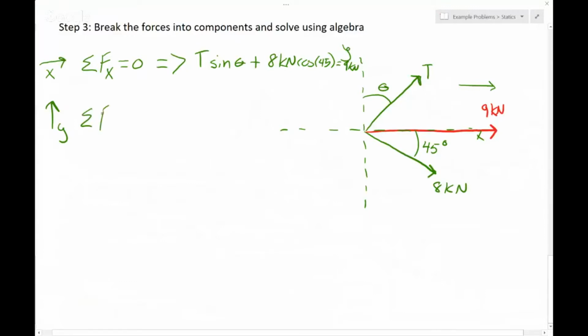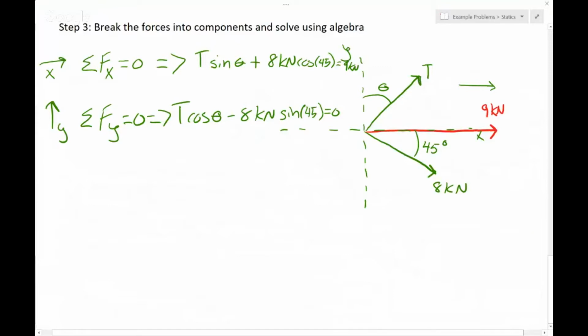So we have the summation of forces in the Y direction equal to 0, which is then equal to our force T cosine of theta, this angle here, minus 8 kilonewtons times sine of 45 is equal to 0, because we don't have any resultant magnitude going in the Y direction.